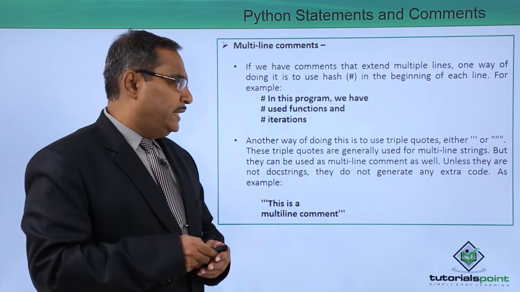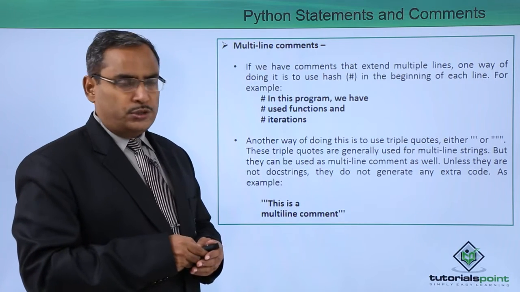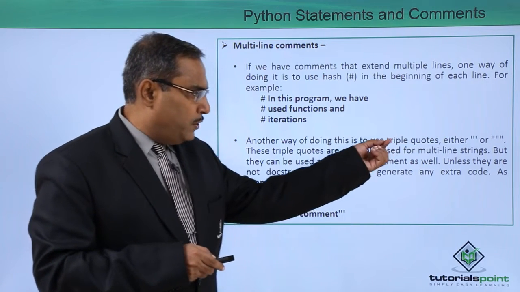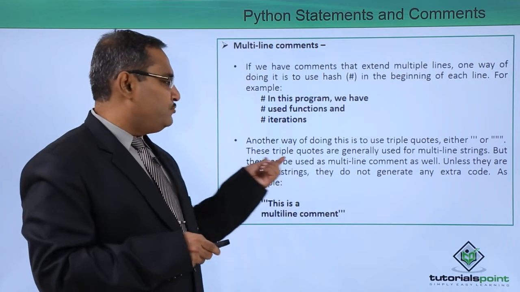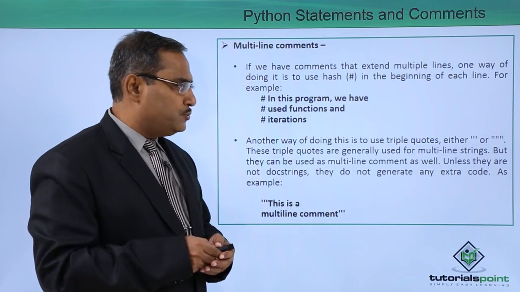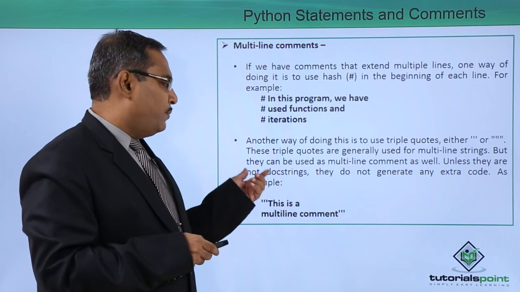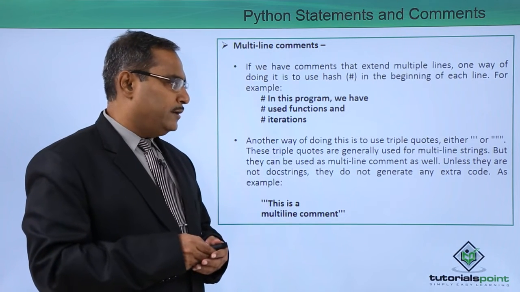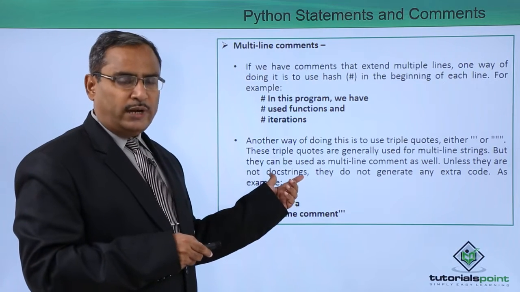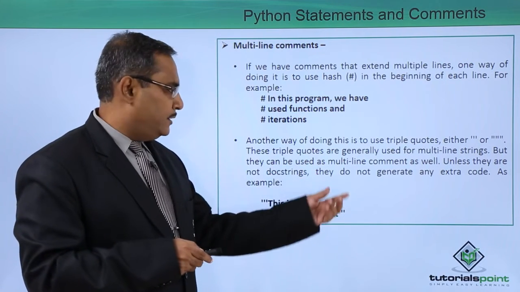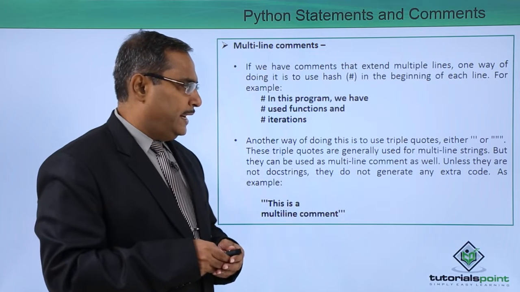Another way of doing this is to use triple quotes, either three single quotes or three double quotes. These triple quotes are generally used for multi-line strings, but they can be used as multi-line comments as well, unless they are a docstring. What a docstring is will come in the next slide. They do not generate any extra code.